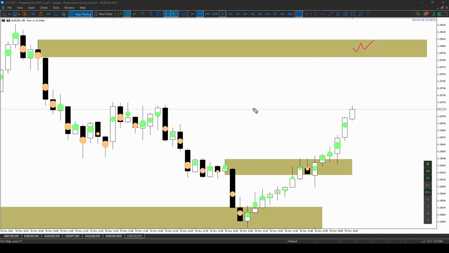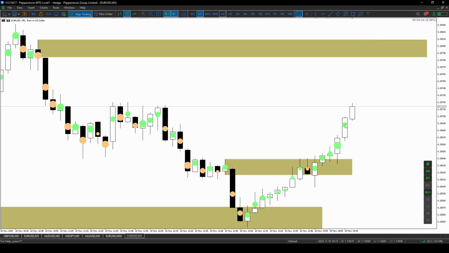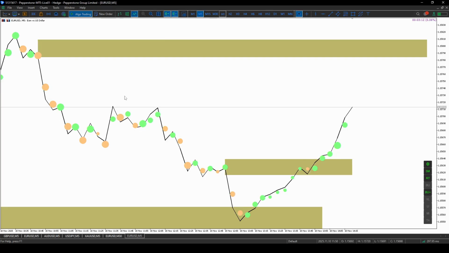So you can read the candles one by one. We can see small trades, medium, small. So we should use lines like that, right?